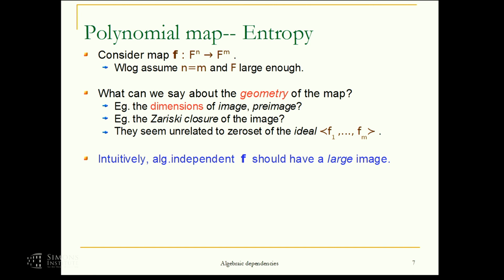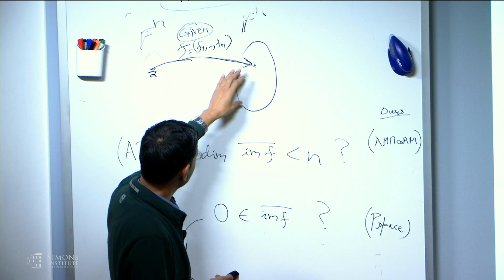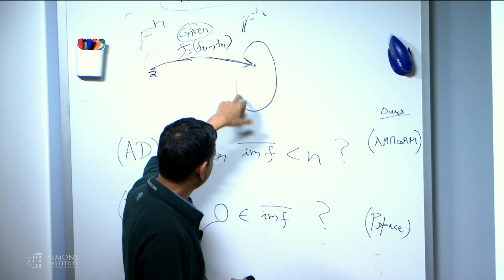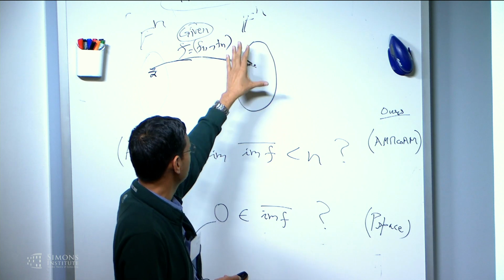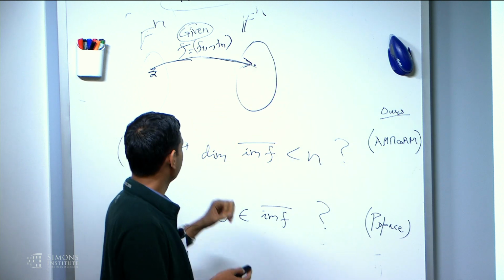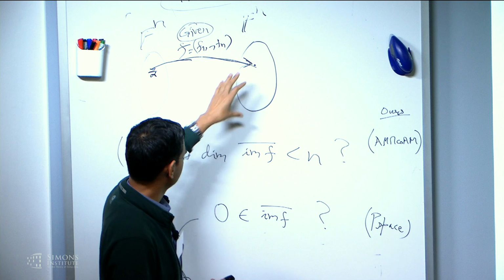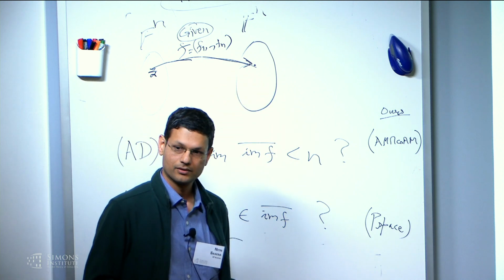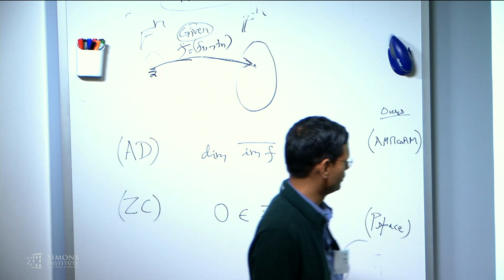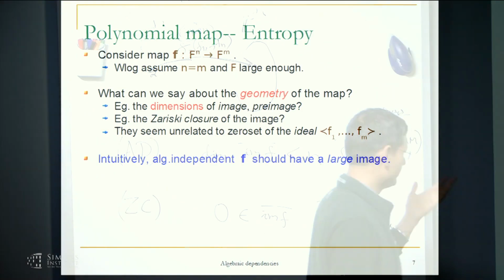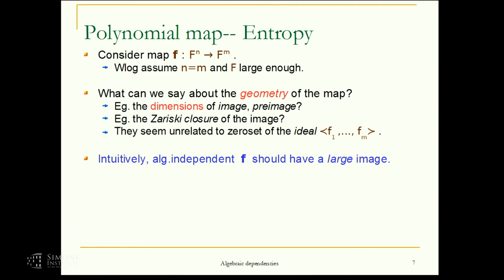So you generalize this and imagine that in general, when the polynomials are independent, the image will be very close to the whole space. And when the polynomials are dependent, then the image will shrink. This is the basic intuition, and we formalize this to get these two protocols. We show that AD has a protocol, and we show that the complement of AD also has a protocol.